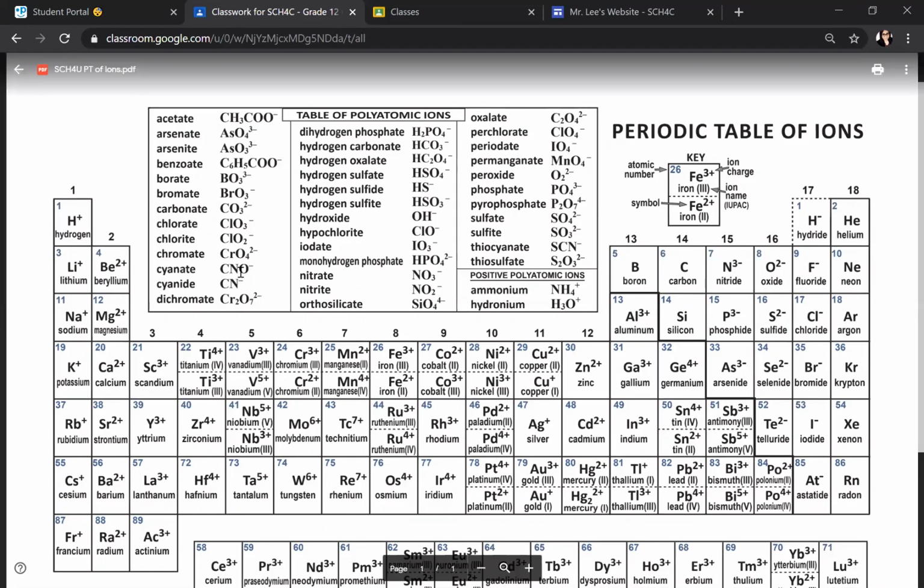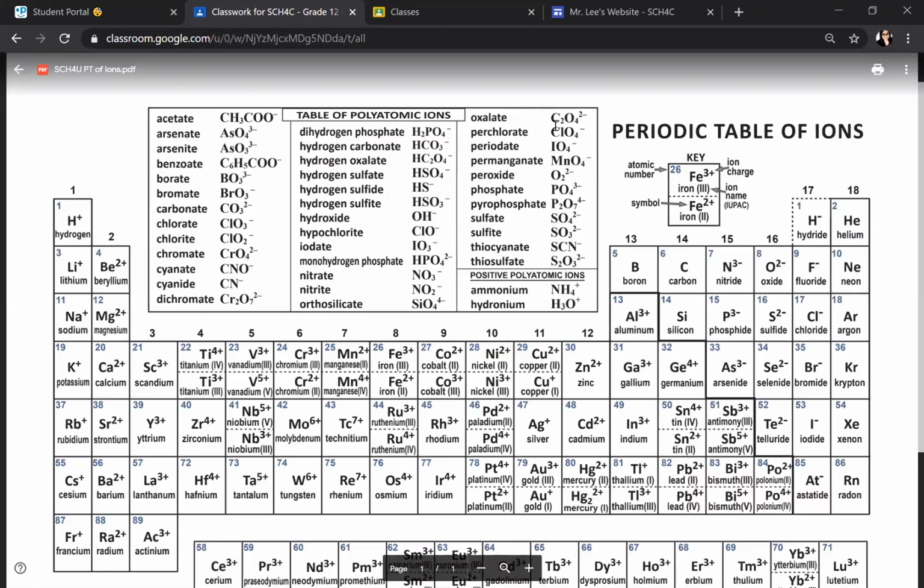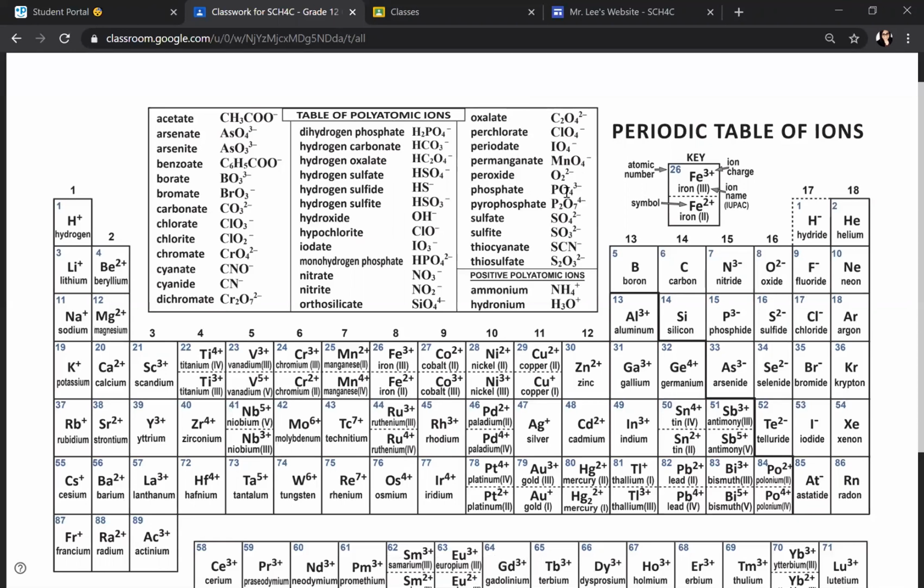All of these things listed above the periodic table of ions have more atoms with a collective charge. So they travel together with that charge when they create a compound. I'll show you how to name and write those in a few minutes.